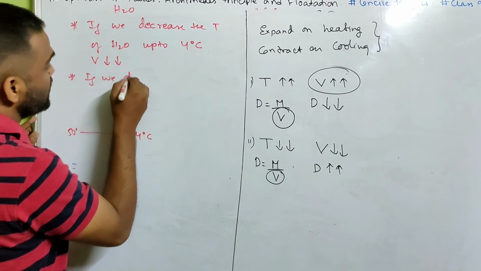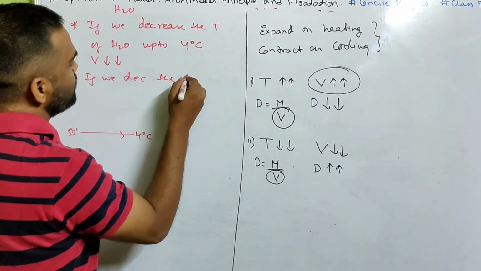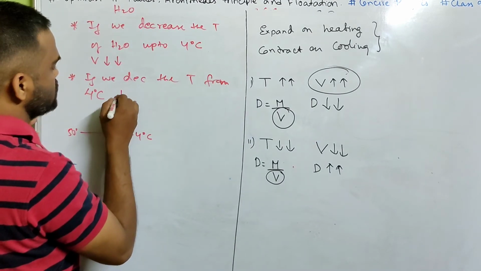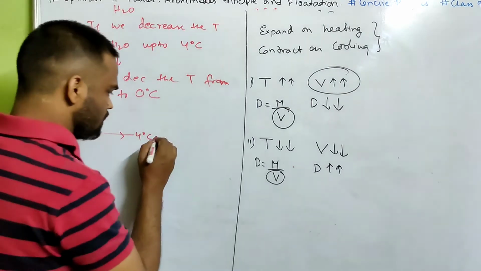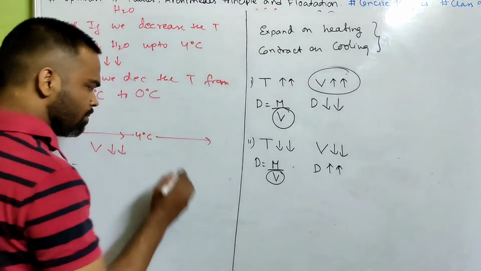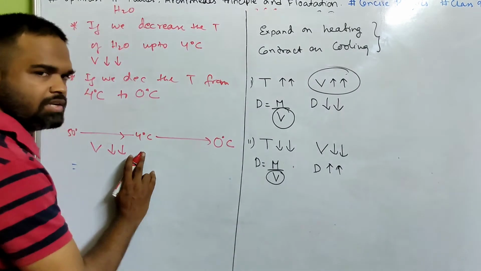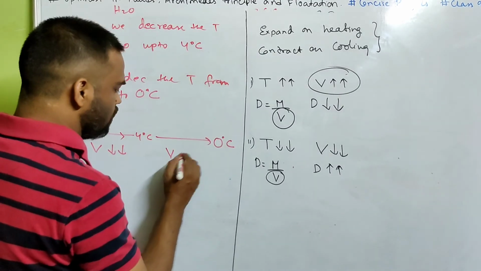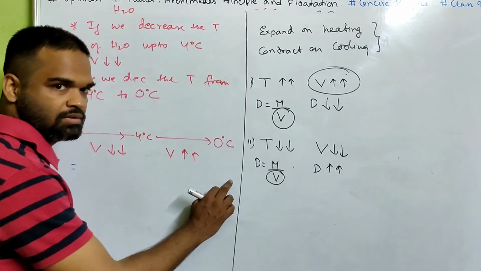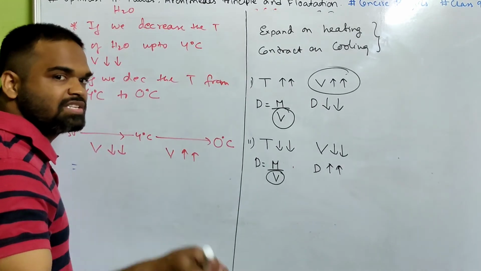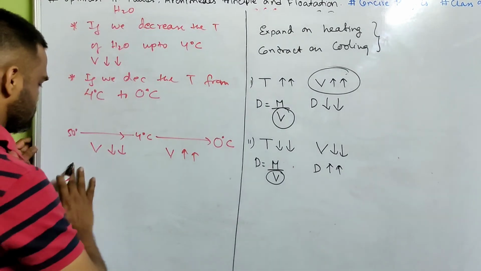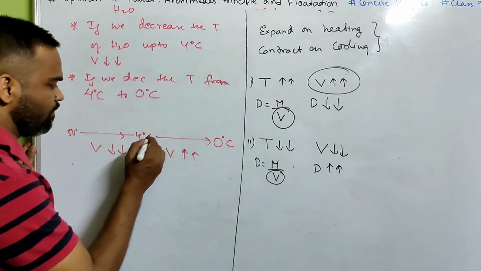if we decrease the temperature from 4 degrees Celsius to 0 degrees Celsius, in this case what happened? The volume decreases, that's normal. But from 4 degree to 0 degree, we'll see that the volume increases. Anomalous expansion of water. It should decrease because we are lowering the temperature, but it's increasing. Which means that the volume is decreasing from here to 4 degrees centigrade.